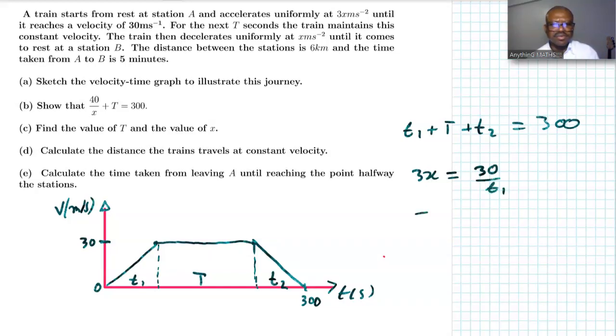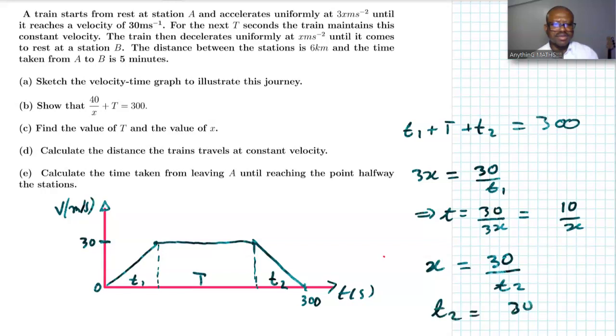Therefore t1 will be 30 over 3x, which becomes 10 over x. The last part is deceleration x, so x will be equal to 30 over t2, and therefore t2 will be 30 over x.